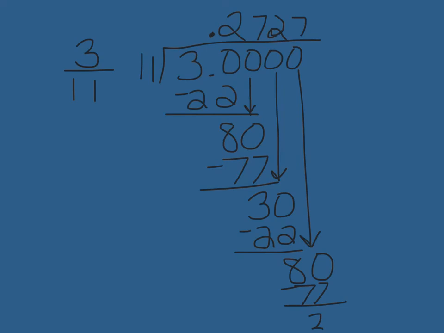So this is another form of a repeating decimal. Our last one was the same digit over and over, just all 3s. This one has the pattern of 272727, and it's going to keep going on. So that answer would be written like this, 0.27 with a bar over both of those to show that those numbers keep repeating over and over.